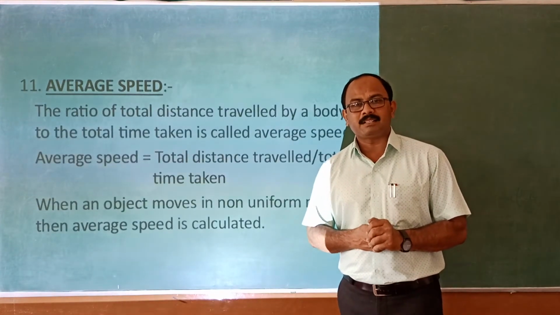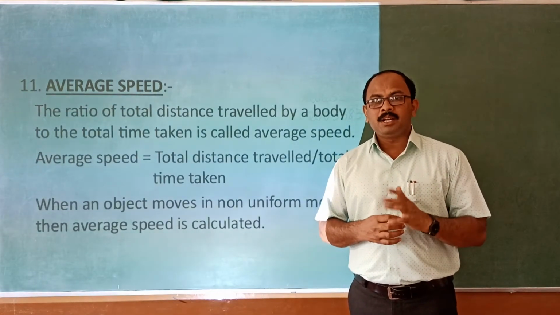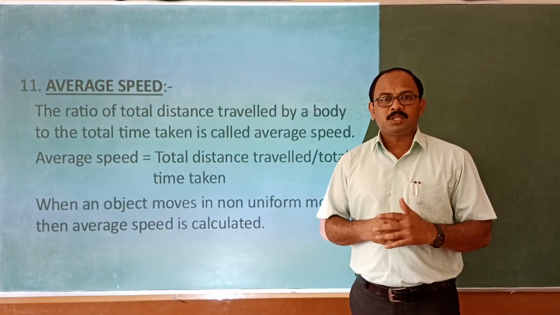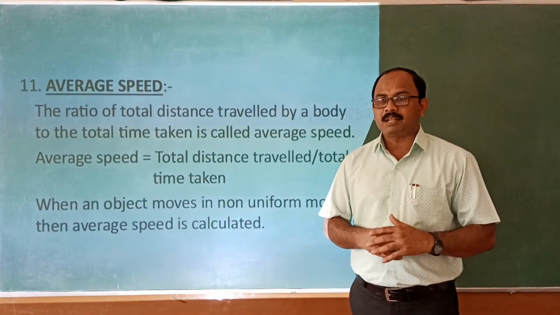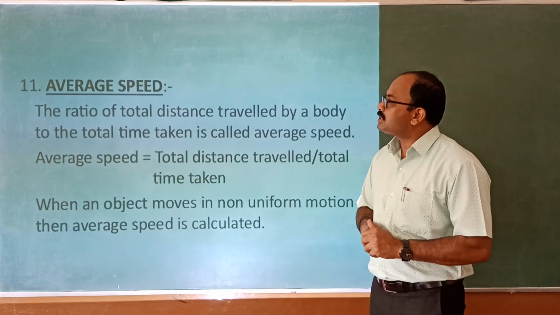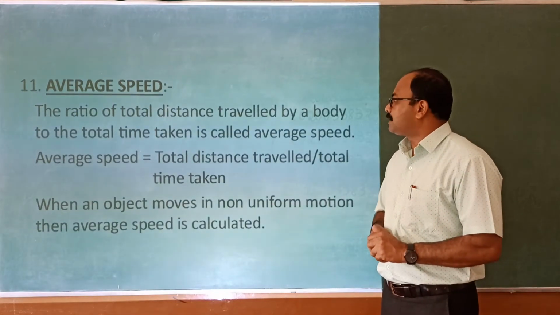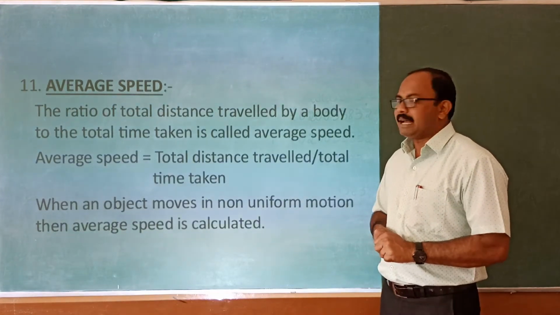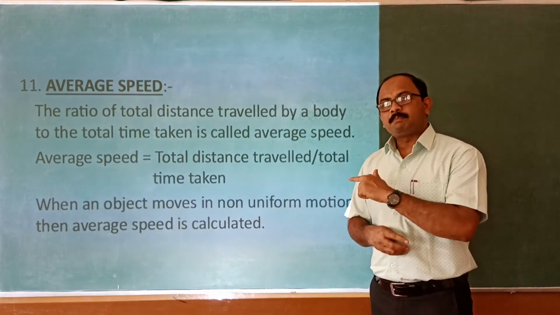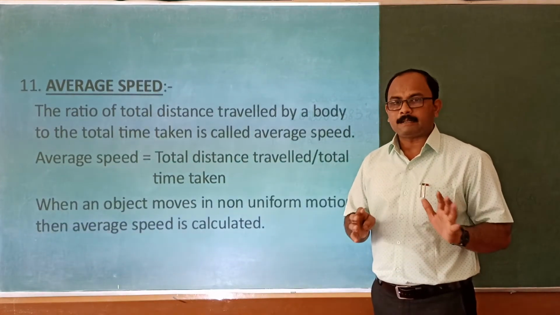Therefore, how is average speed calculated? It is calculated from the total distance traveled by the object and the total time. So total distance traveled divided by total time taken, we get average speed, children. The ratio of total distance traveled by the body to the total time taken is called average speed. Average speed is calculated when the speed is not constant.